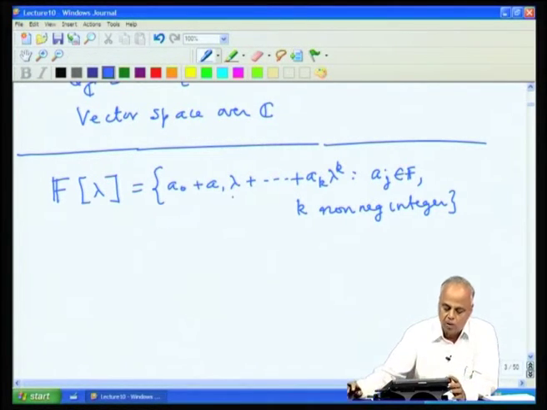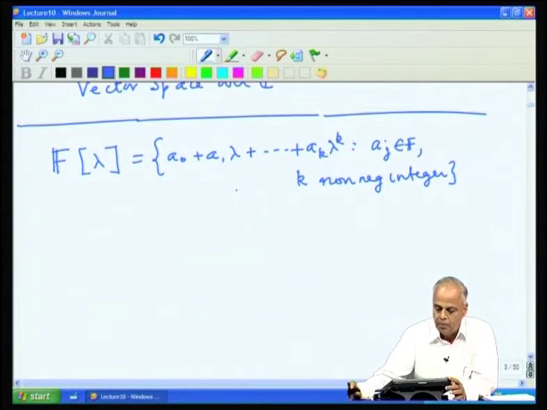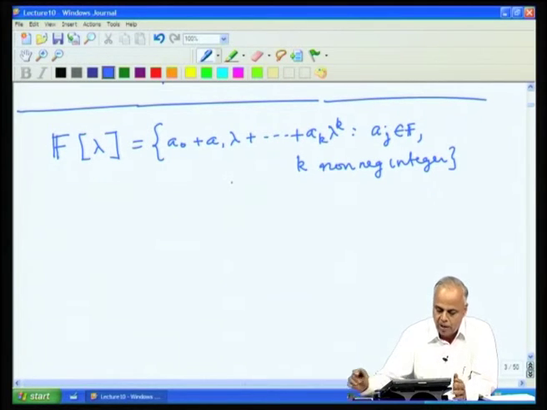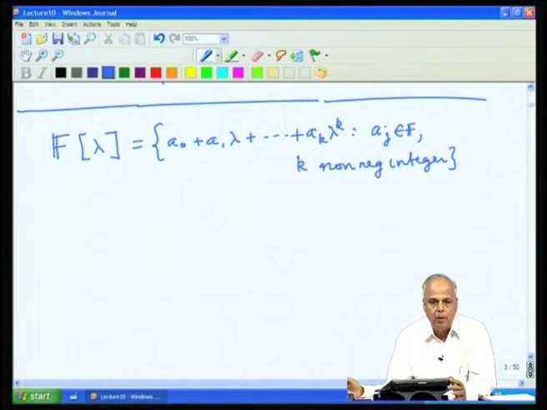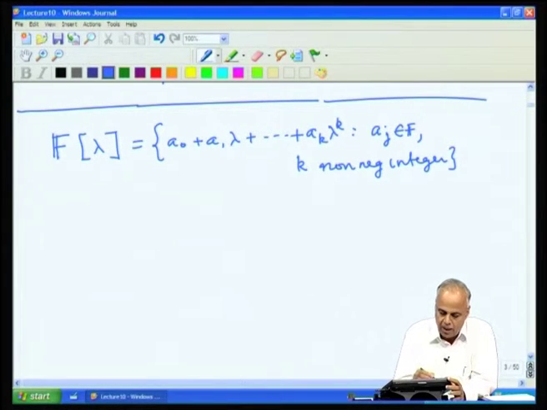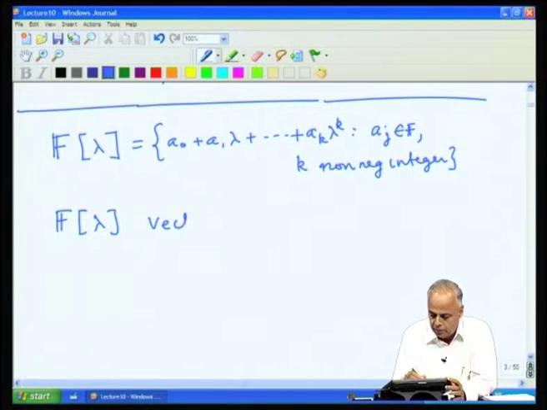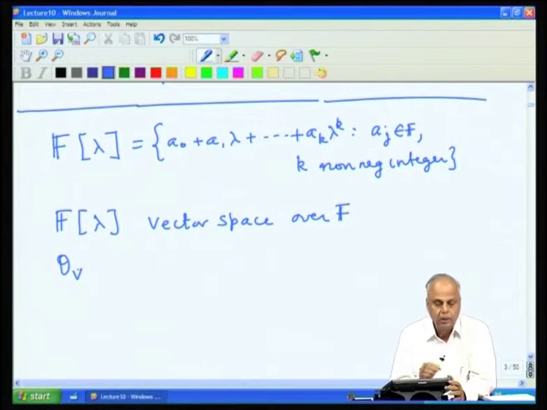Such expressions are called polynomials in λ, and we add the polynomials as normal functions are added, and we multiply a polynomial by a scalar as normal functions are multiplied by a scalar. Then this F[λ], the collection of all polynomials, forms a vector space over F, and the 0 vector in this vector space is the 0 polynomial.